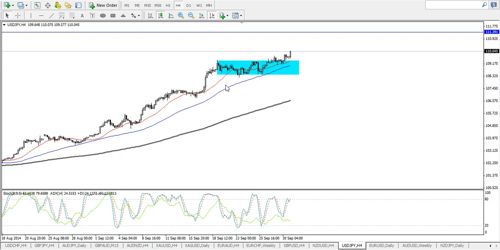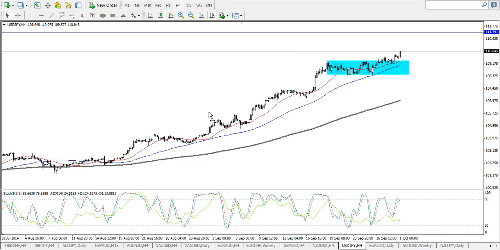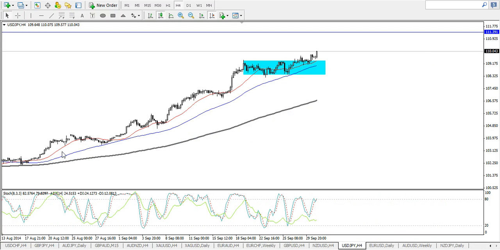Whenever price appreciates and you see a retracement, you can always make use of the moving averages as a gauge to go for a long trade, or you might want to base it on certain indicators, like over here I'm using the stochastic oscillator.